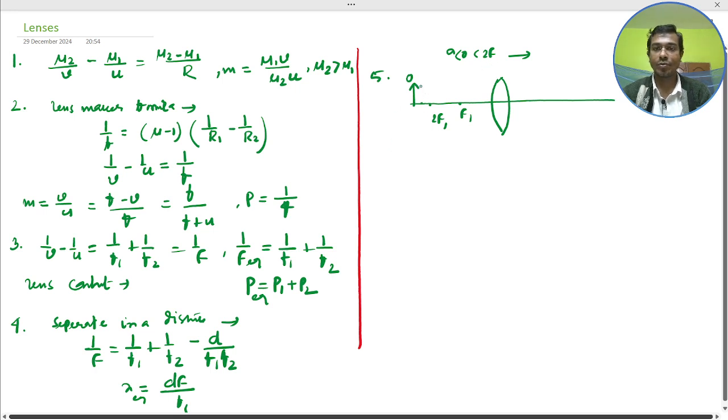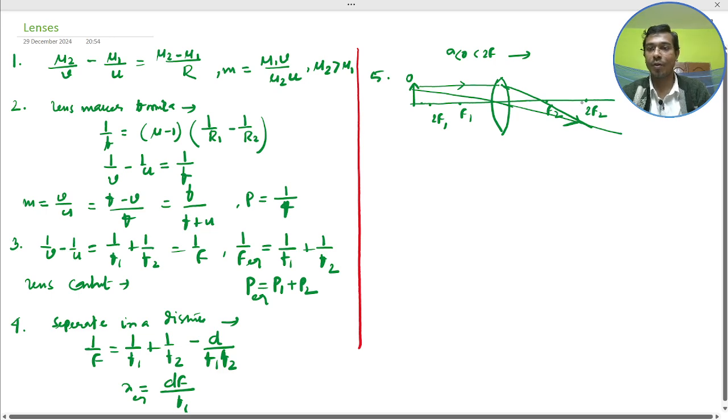So light would go in these directions, and the ray through f2 just passes.